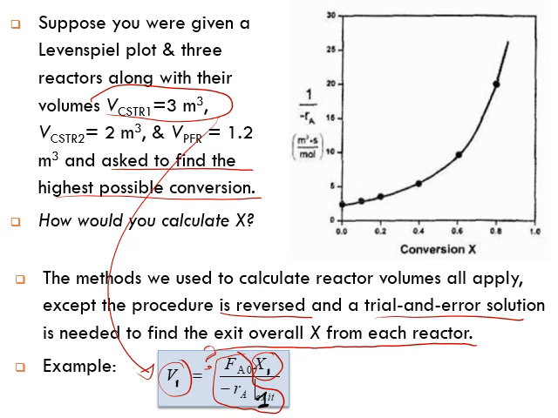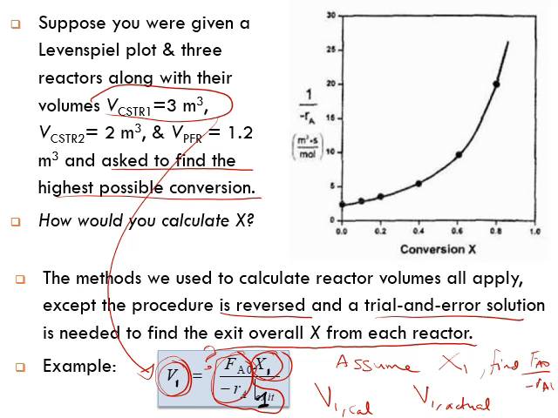So what do we do? We assume a value for X1. When you assume a value of X1, then you can find this value of FA0 over minus rA1. And then you multiply this by X1 and calculate V1. And then you compare the V1 calculated to the V1 actual.